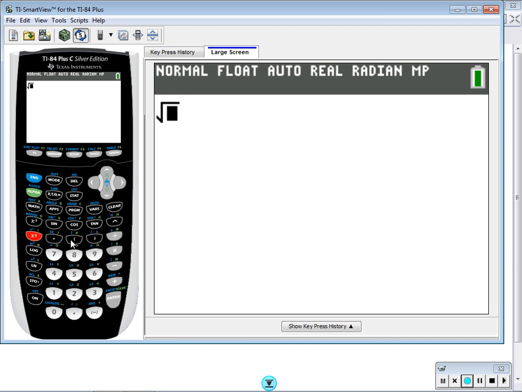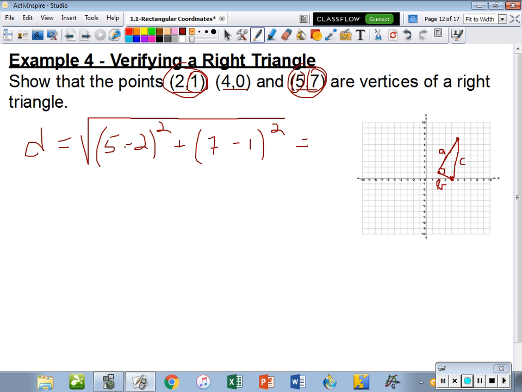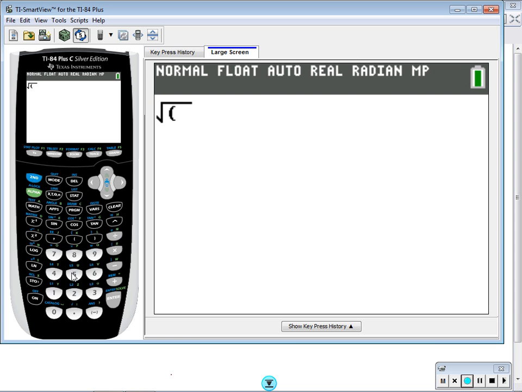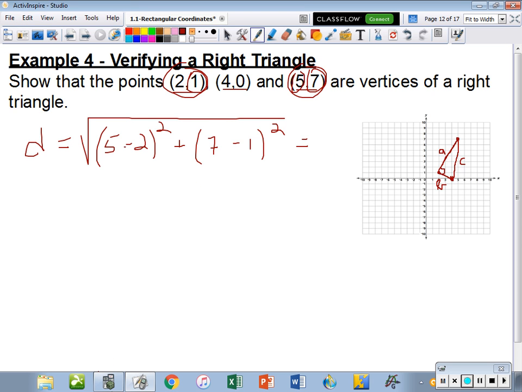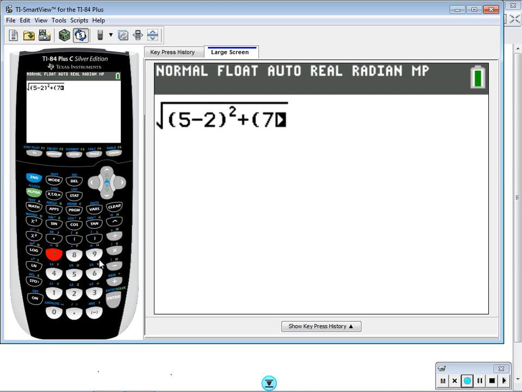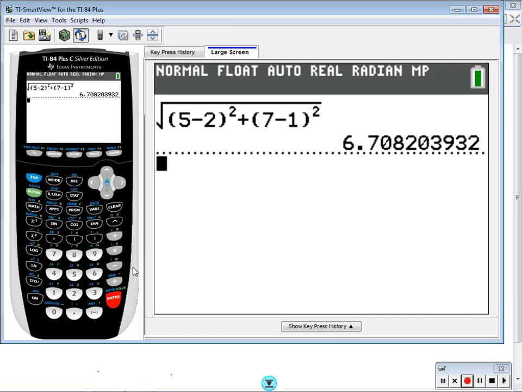So first I have 5 minus 2 in parentheses, and I'm going to square that, plus another parentheses, I have 7 minus 1 squared. And when I hit enter here, this is going to give me the square root of 6.78.